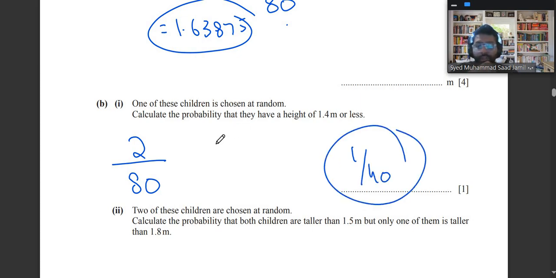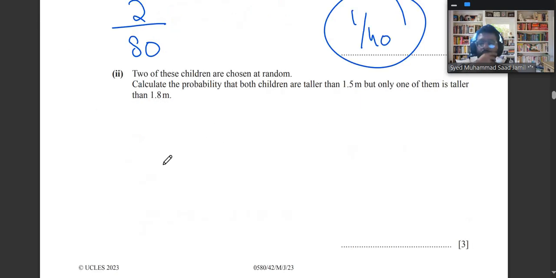2 of these children are chosen at random. Calculate the probability that both children are taller than 1.5, but only one of them is taller than 1.8.